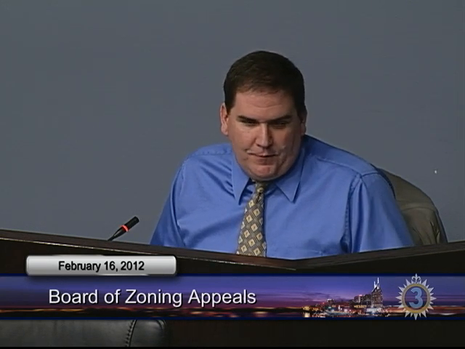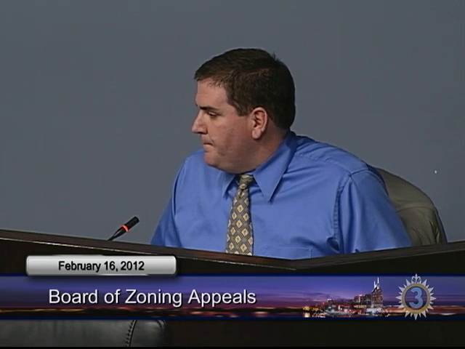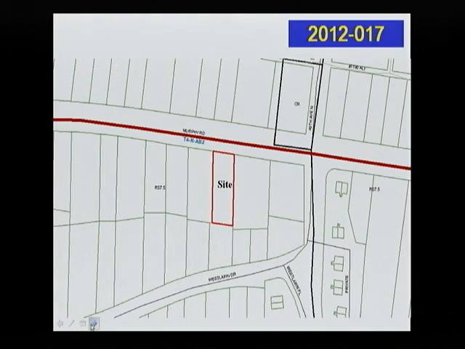Let me show them photographs first, and I'll turn it over to you all. The subject property is located on the south margin of Murphy Road, just west of 40th Avenue North. The red line, which you note there, is Murphy Road, deemed as a collector, as an AB2 arterial street on the major street plan.